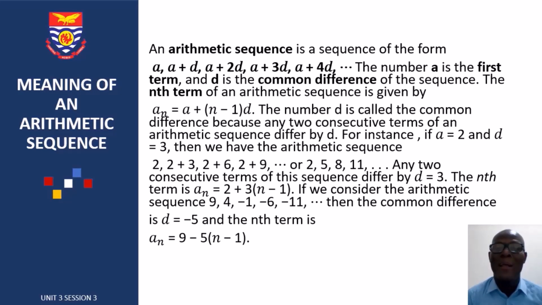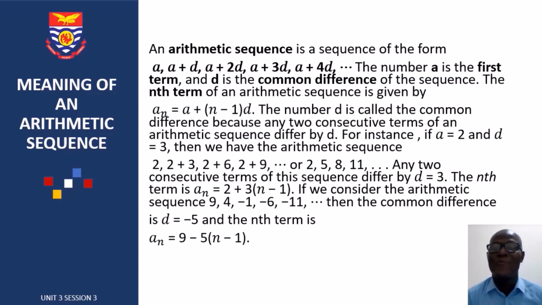The general term or the nth term of any arithmetic progression or sequence is A subscript n is equal to A plus n into braces n minus 1 multiplying D. The number D is called a common difference because any two consecutive terms of an arithmetic sequence differ by the D.